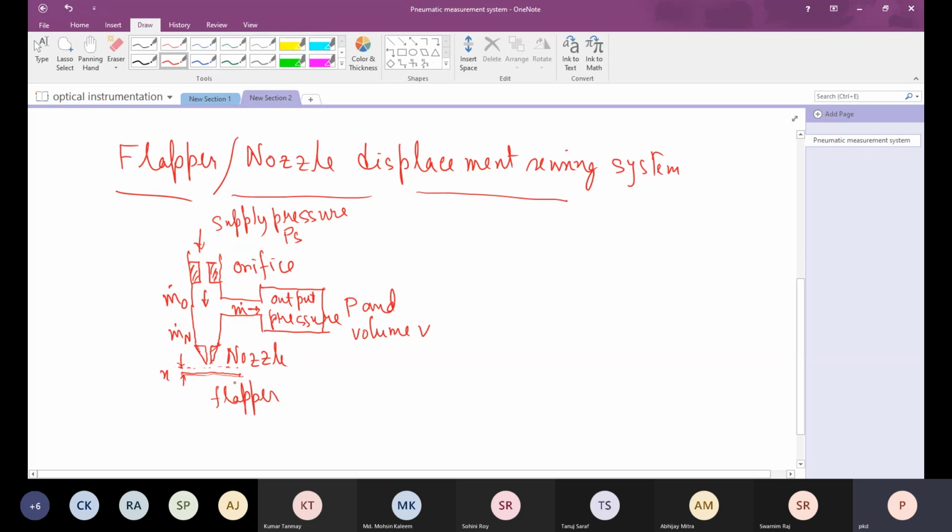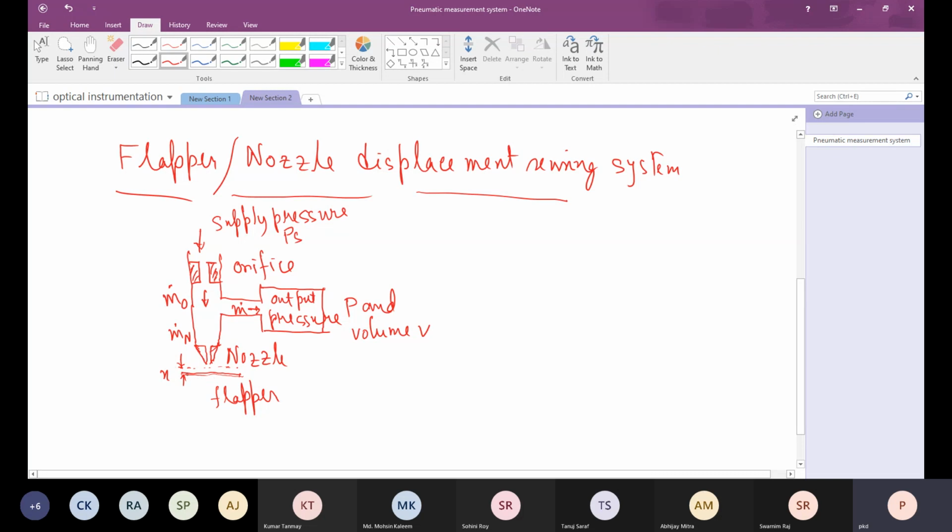Now the purpose is to measure the displacement of this. So basically this flapper is connected to a moving object.